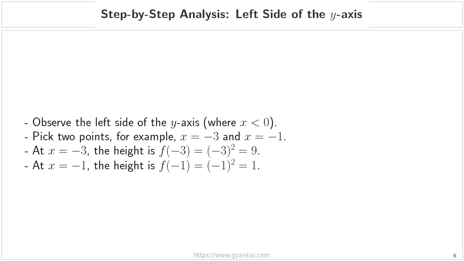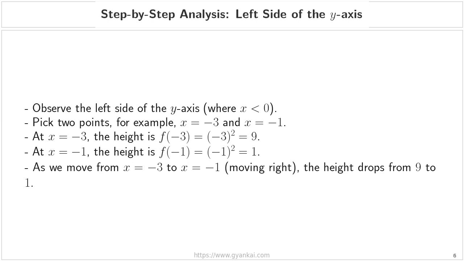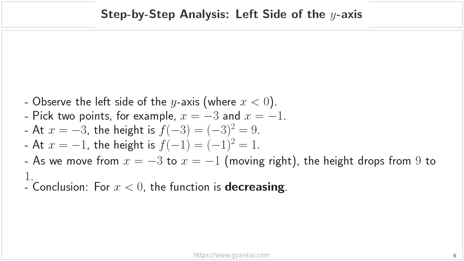Similarly, if we look at our second point, -1 squared equals 1. So, the height at this point is 1. Now, remember the fundamental rule we discussed earlier. We always read the graph from left to right. As we move from x equals -3 toward x equals -1, we can see that the height of the graph drops from 9 down to 1. Because the height is dropping as we move to the right, we can conclude that for all values where x is less than 0, the function is decreasing.